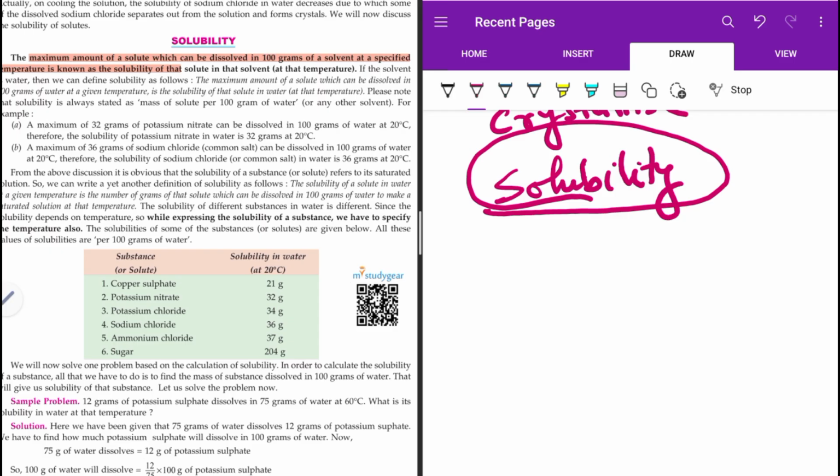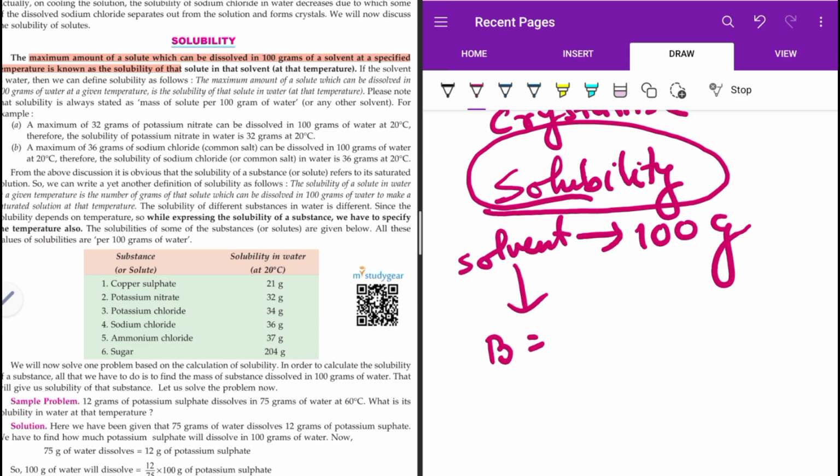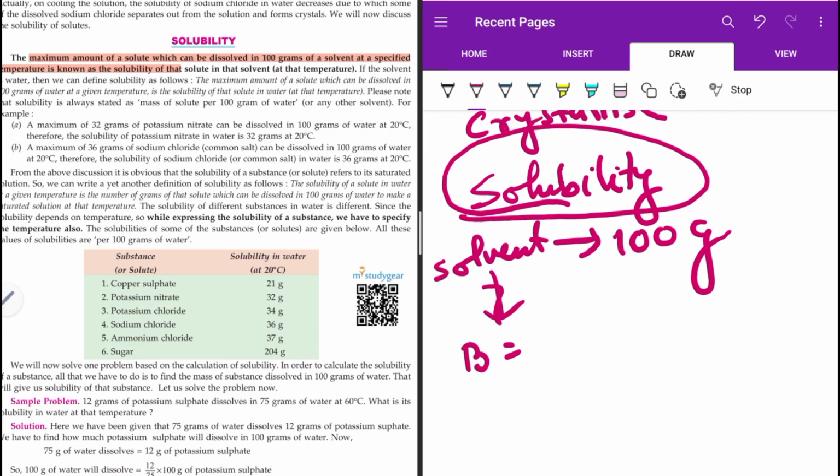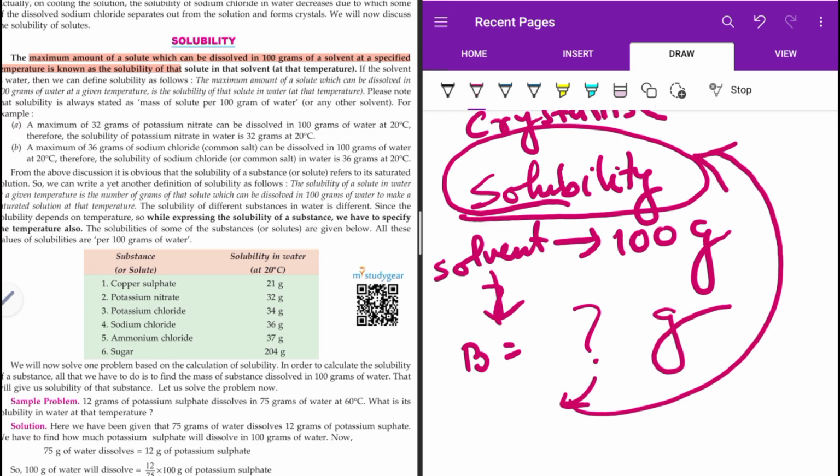That is known as solubility. That means you are specifying the solvent to be 100 gram. So whatever amount of solute dissolves in 100 gram, that is equal to its solubility.